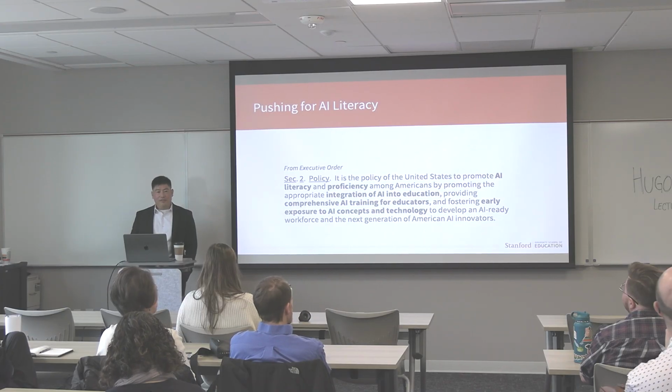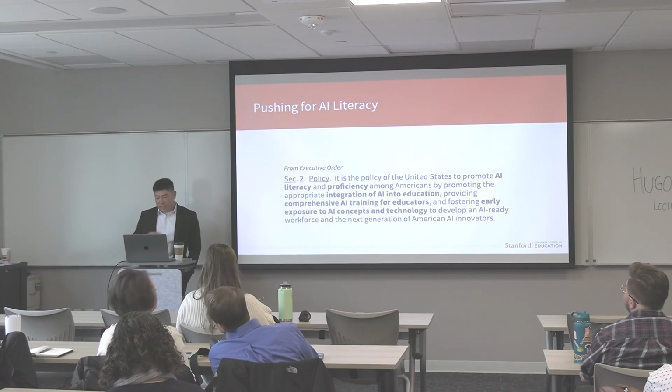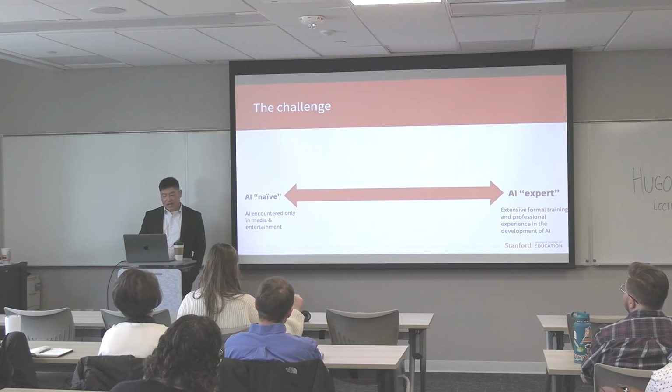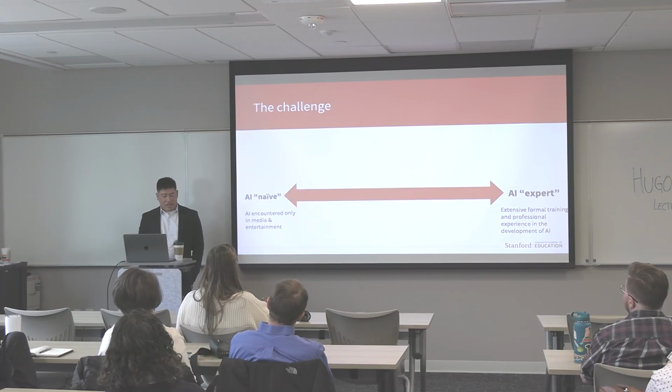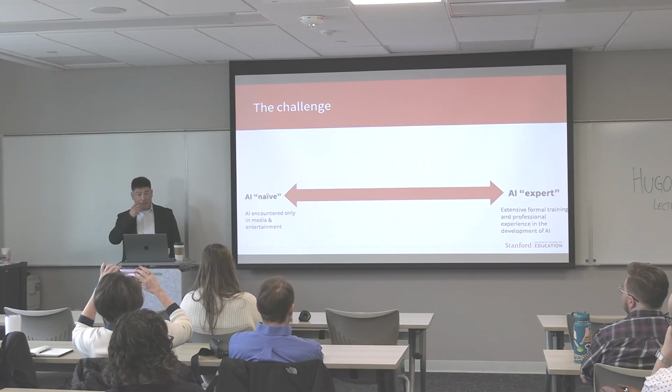And as somebody who self-identifies as working in the space of AI literacy, I can comment a bit on what makes that especially tricky. This is where we are in precision and articulation: we have AI naive, meaning people have heard the term AI, they know about it in media and entertainment, and we have the AI experts who have extensive formal training and professional experience in development of AI.